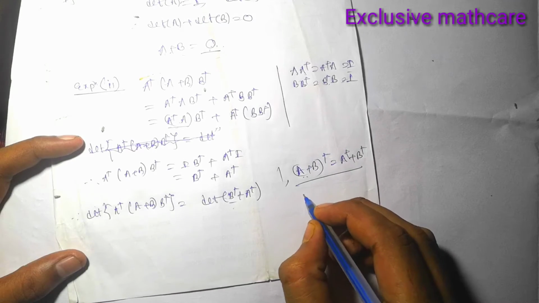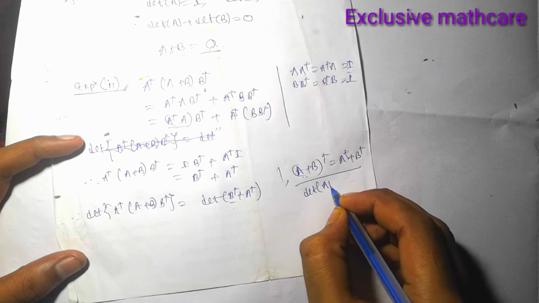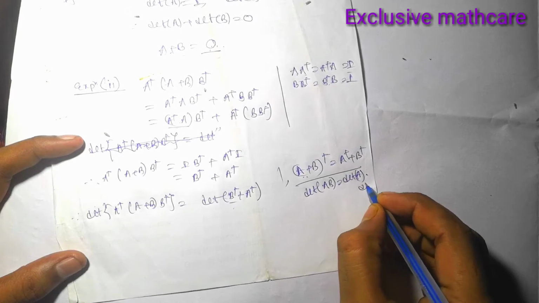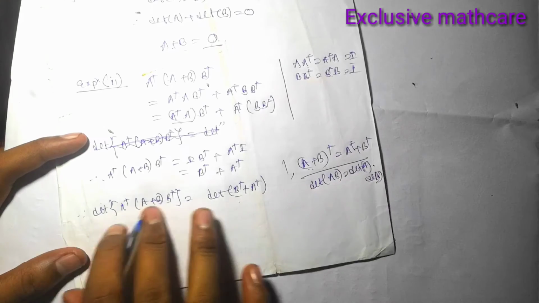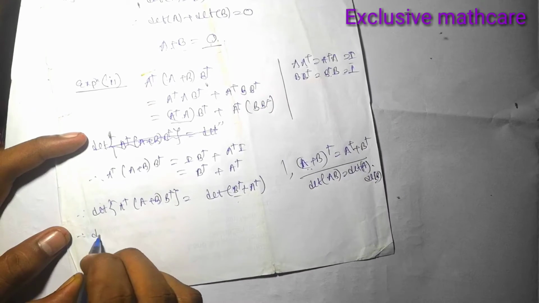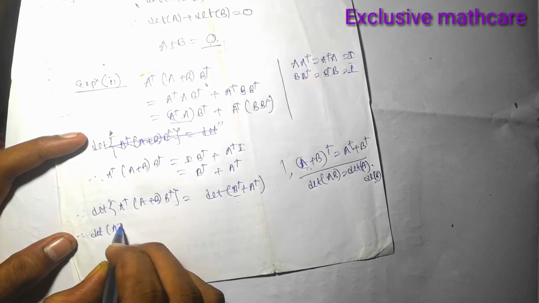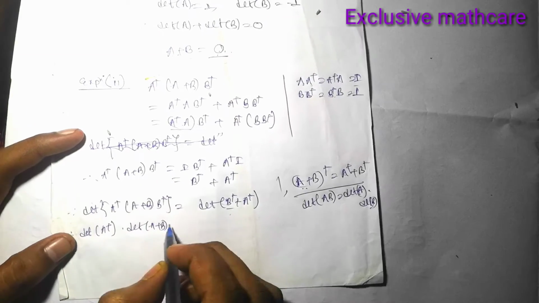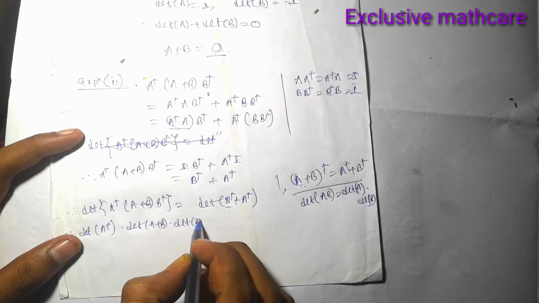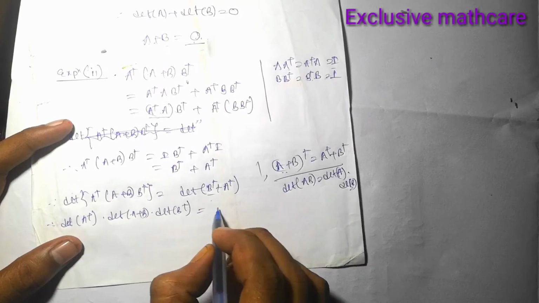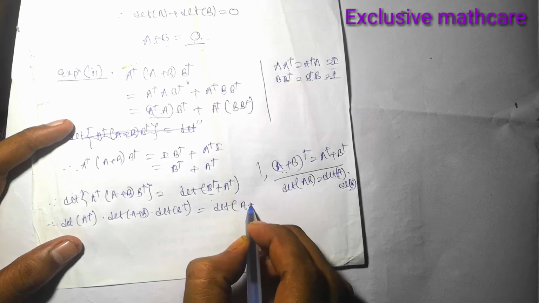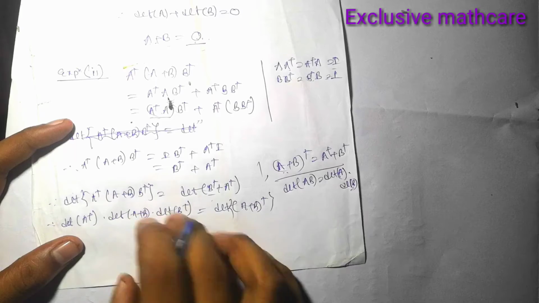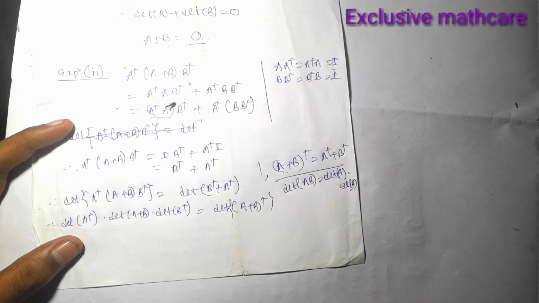Also we know another result, det of AB equals det A into det B. So we can write this, det of A transpose into det of A plus B into det of B transpose. So det of A plus B transpose can be written using these two properties.